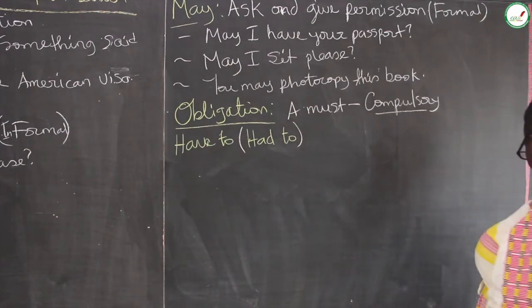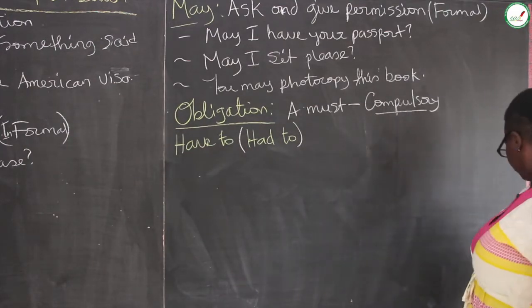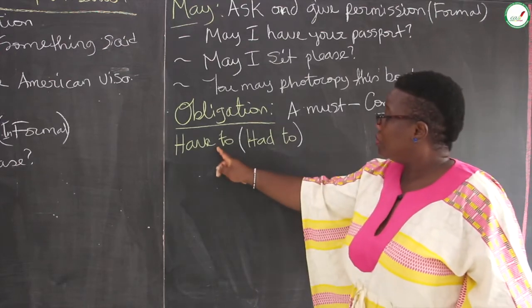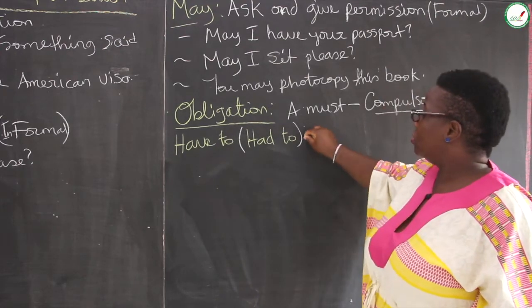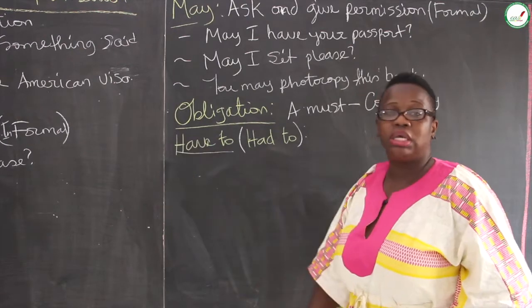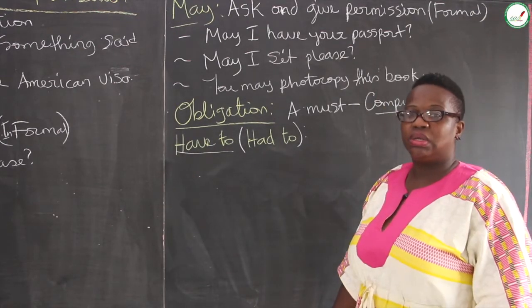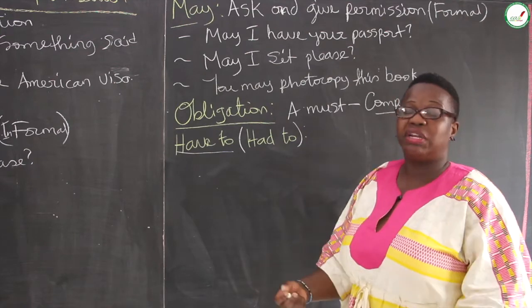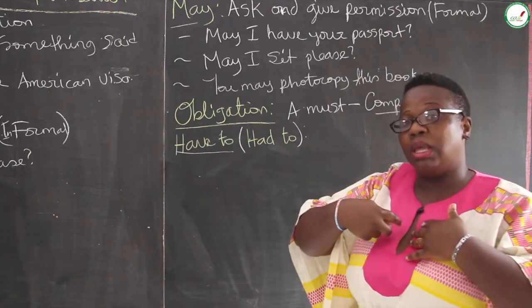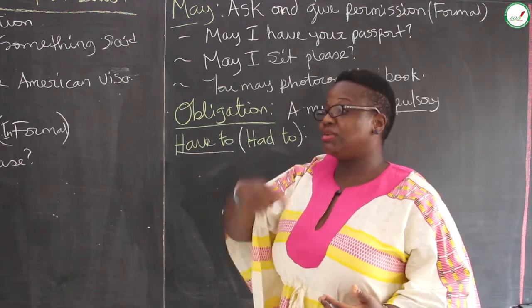Have to means it's a rule that comes from outside the speaker. It's a rule that has to be followed. It's not made by you.